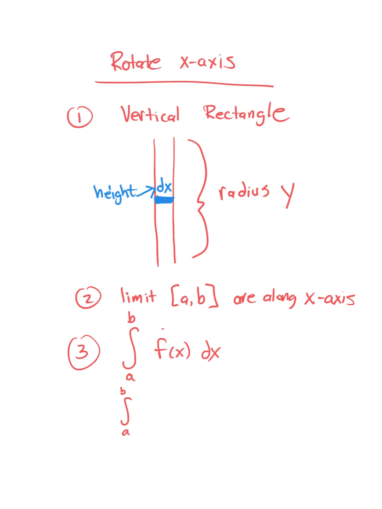The function is the area of the base, which is a circle. The area of a circle gives us pi y squared, and then the height is dx. Then we always remember to plug in y. There you go, there's our first disk problem.